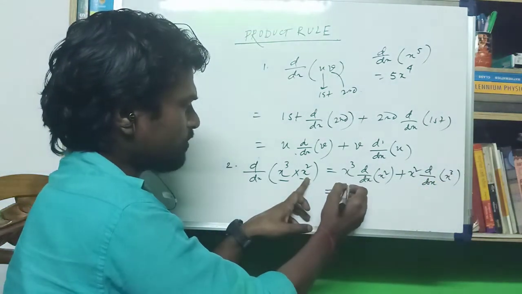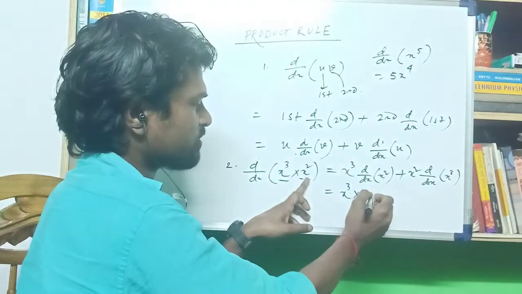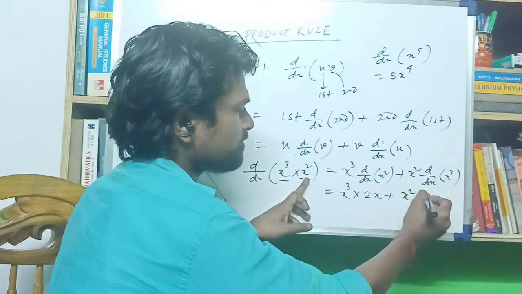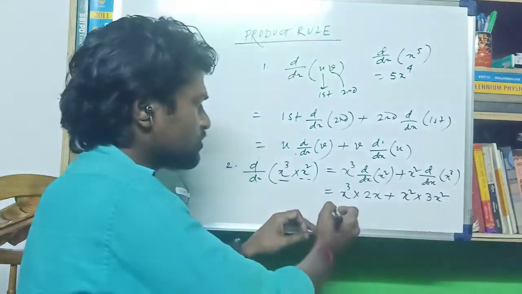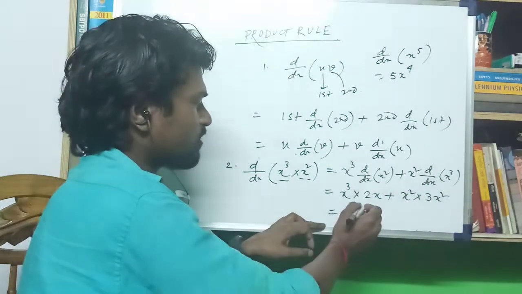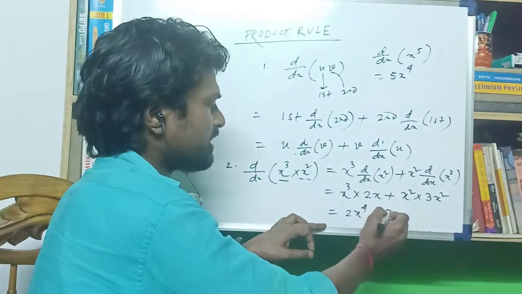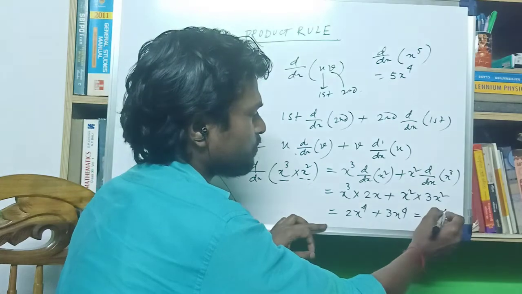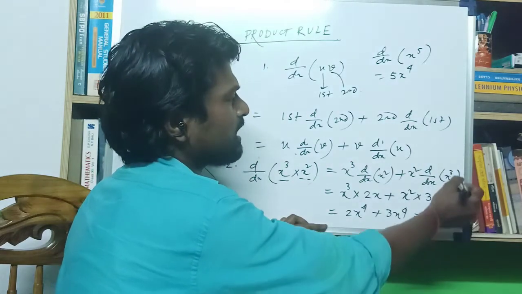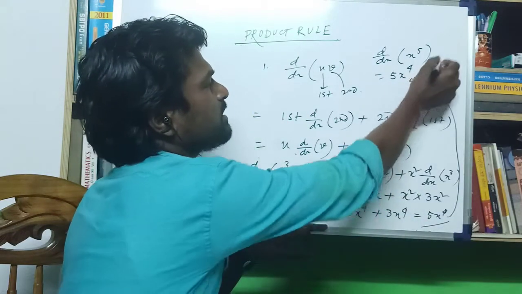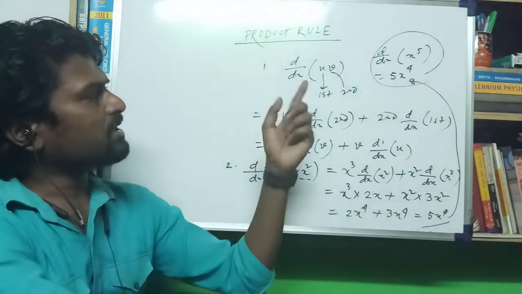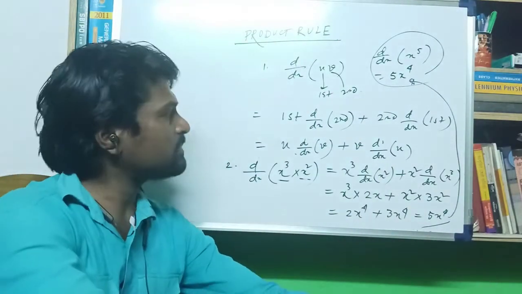So x cube into 2x plus x square into 3x square. So the equation is 2x to the power of 4 plus 3x to the power of 4, that is 5x to the power of 4, and this is similar to the earlier result. So the process is different but the answer is the same.